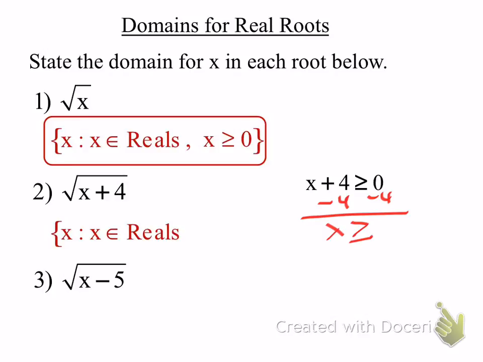X is greater than or equal to negative 4. It has to be an element of the reals. And for it not to be negative in there, x can be negative 4 or bigger. Are you guys clear on that? All right. Next one. What would the answer be? How about Shane?